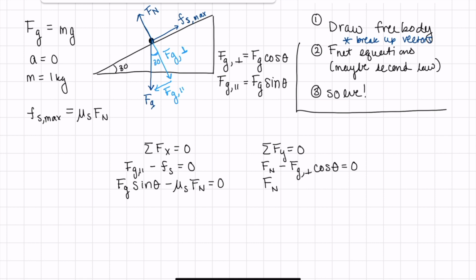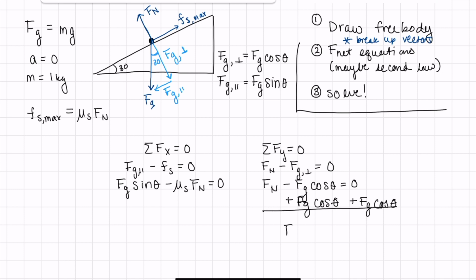Fg perpendicular equals 0. Substitute Fg cosine theta equals 0. Add that Fg cosine theta to both sides so that we get Fn equals Fg cosine theta.